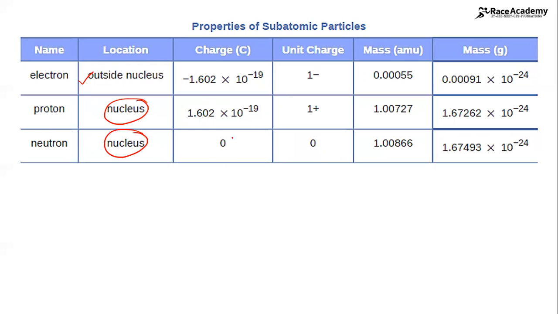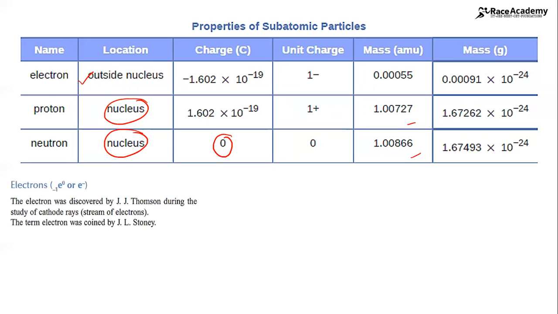The neutron has charge 0, but its mass is approximately equal to the proton, a little heavier than the proton. The mass of the proton is 1.00727, while that of the neutron in atomic mass units is 1.00886.